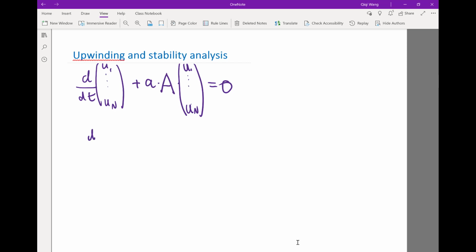So basically, d over dt of, let me just call this my U vector. I have this arrow on the top to represent that U is a vector of n components. It's going to be equal to minus a times A times my U vector.